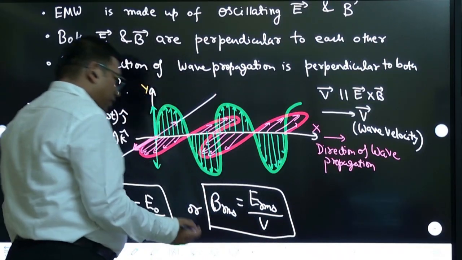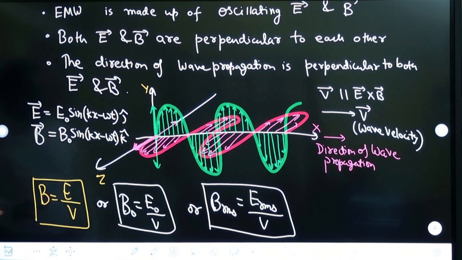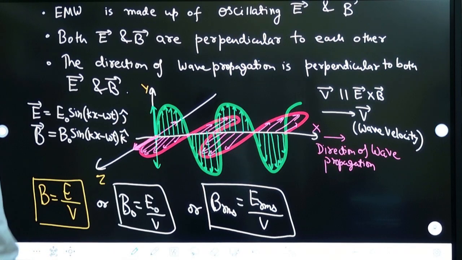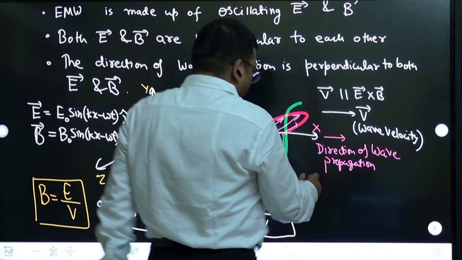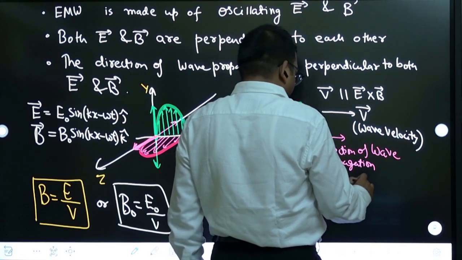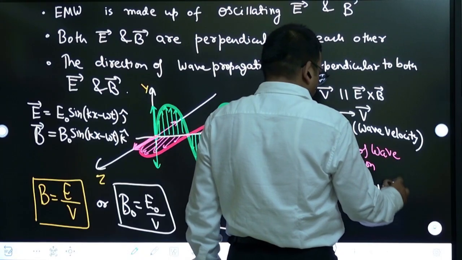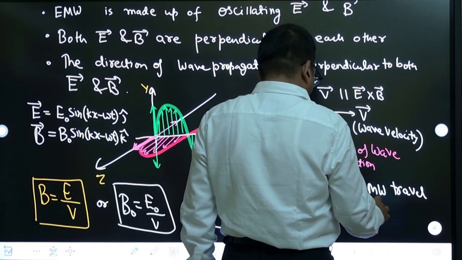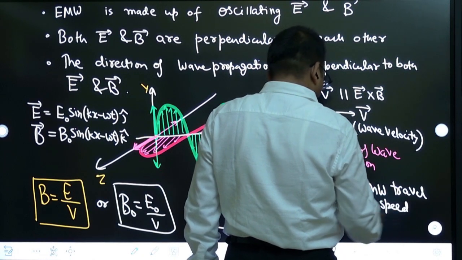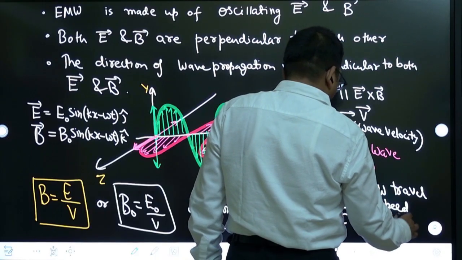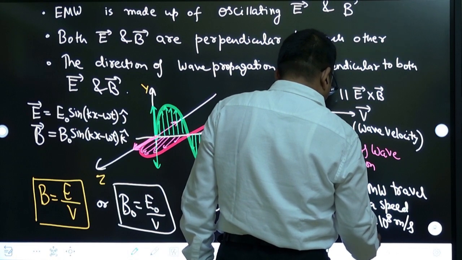V is the speed of electromagnetic wave. But suppose it is in vacuum. Vacuum speed of light, you know, all electromagnetic waves travel with the same speed in vacuum. That also you can note. All electromagnetic waves travel with a speed c equal to nearly 3 into 10 to the power 8 meter per second in vacuum.